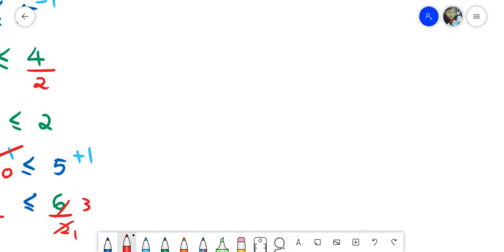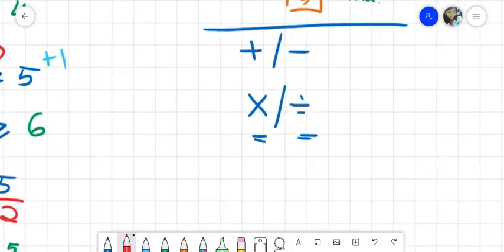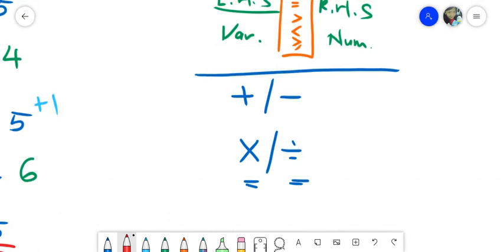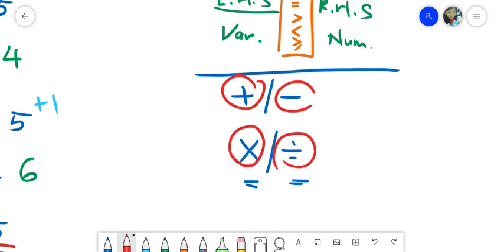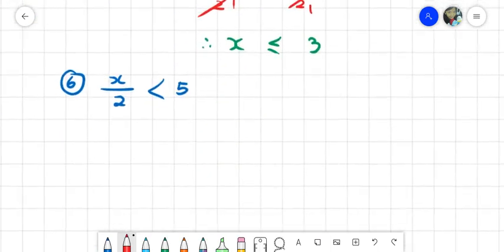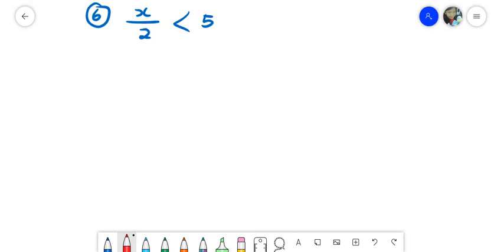Back to our remark here, the siblings. Plus and minus are siblings. Multiply and divide are siblings. Do remember this. So again, this is divide, as you said. So how are you supposed to do it then?